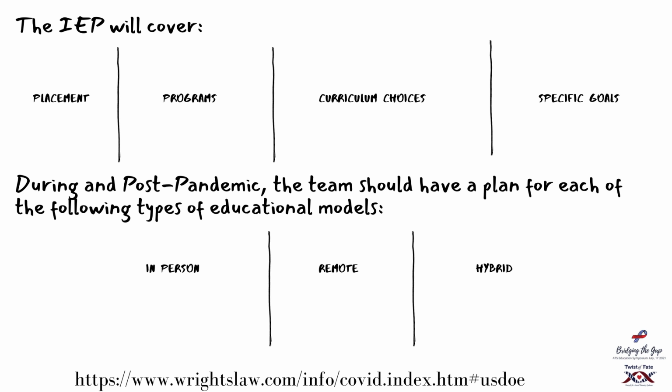As a family, we want to be thinking through things like virtual IEP meetings and access to technology, whether that is a device or internet. So there's a lot more to go into planning when we're talking about COVID-19. So we really want to create plans that cover all of those three models.